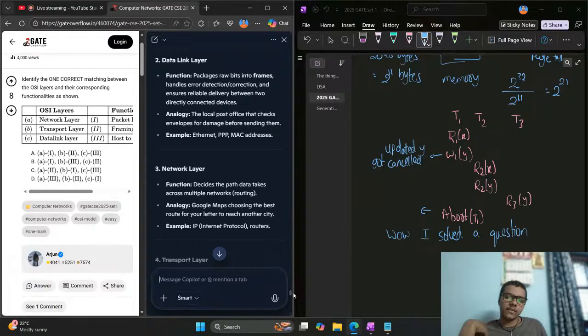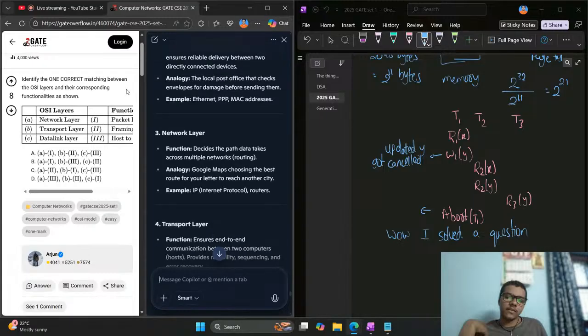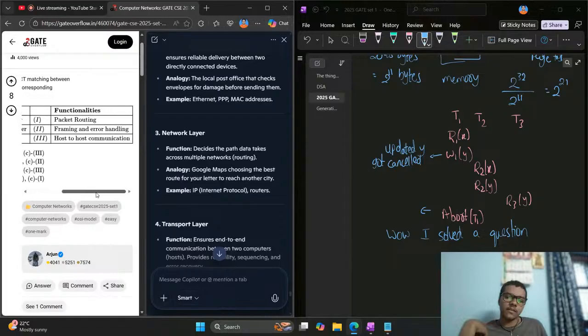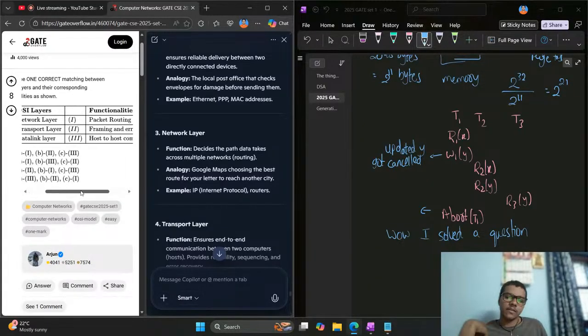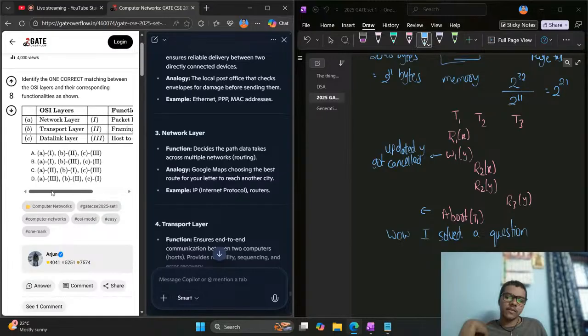Okay, so data link layer. Network layer is responsible for packet routing, framing, and error handling. Data link layer.